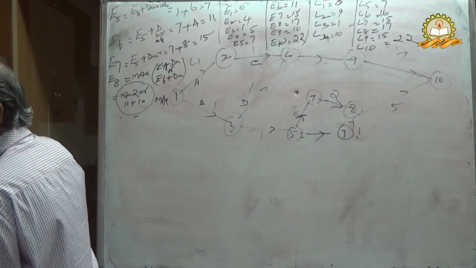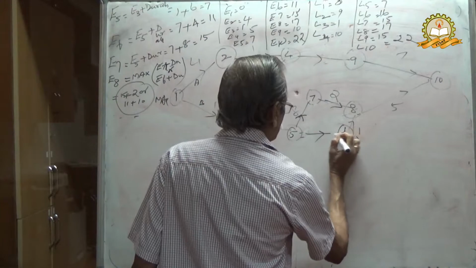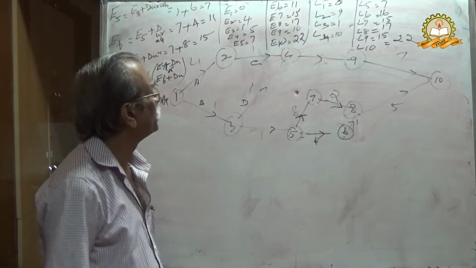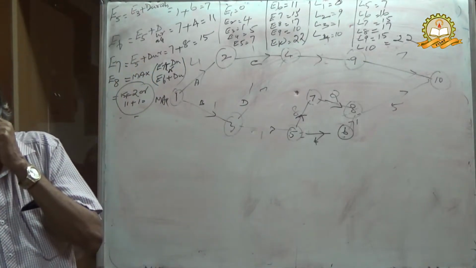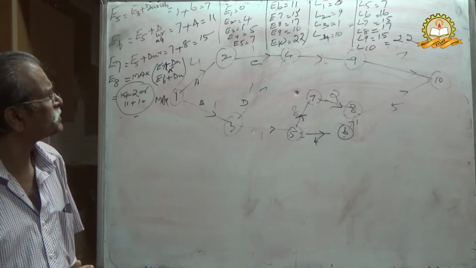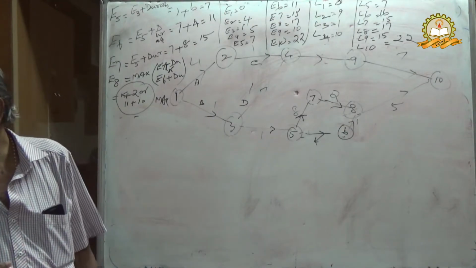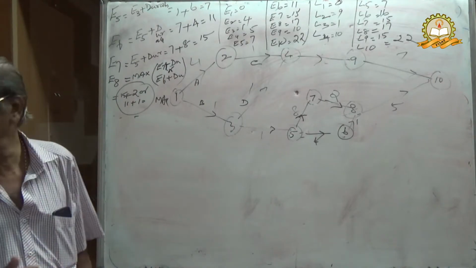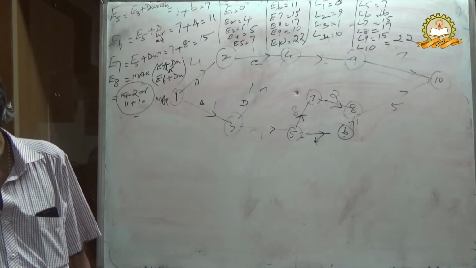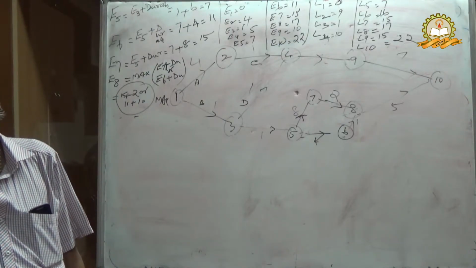L10 equal to 22, L9 equal to 15, L8 17, L7 15, L6 16, L5 7, L4 10, L3 1, L2 9, L1 0.